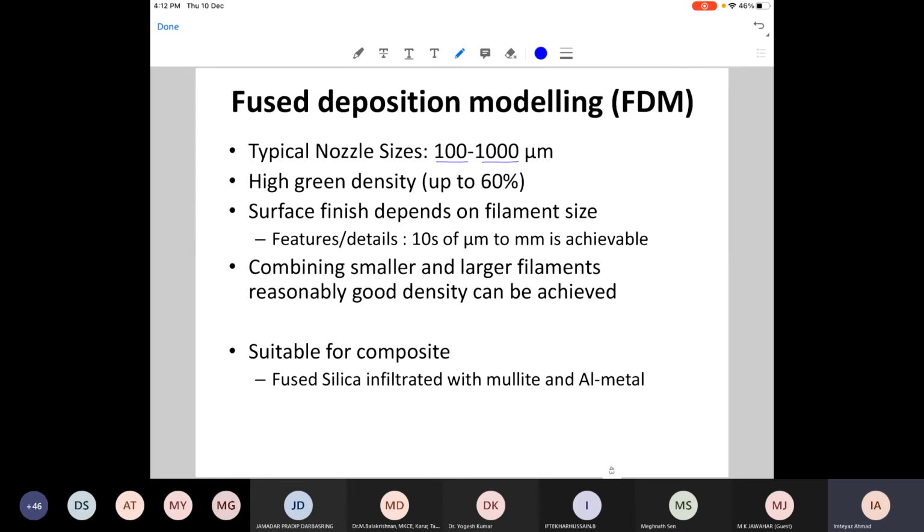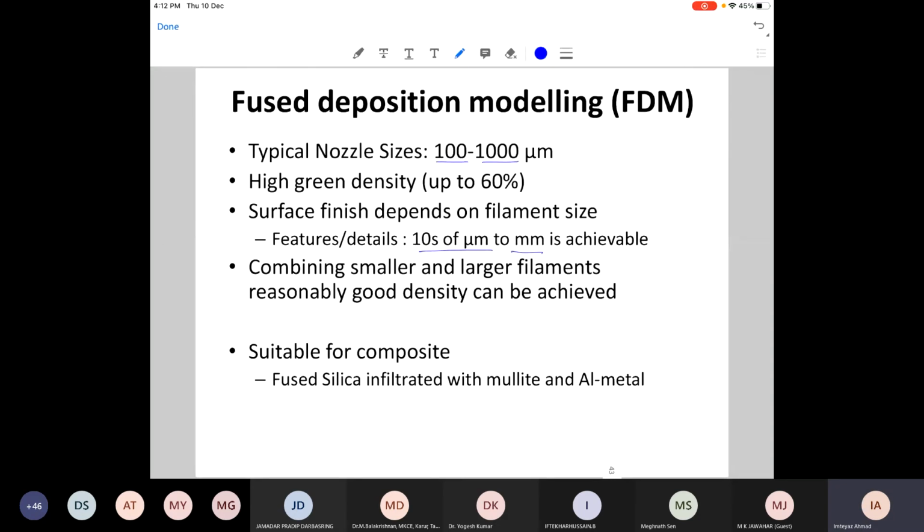Generally, we do not load more than 60% particles in the feed in this case. The filament size also affects surface finish, and the features with detail that you can print range from tens of microns to millimeters. That's the problem, because you already have a strand coming out and you cannot thin down the strand.